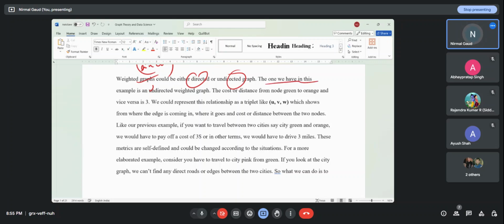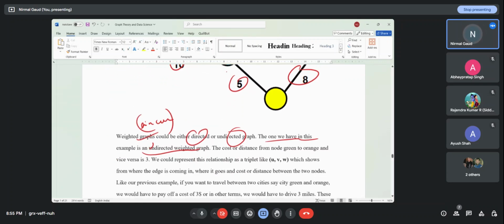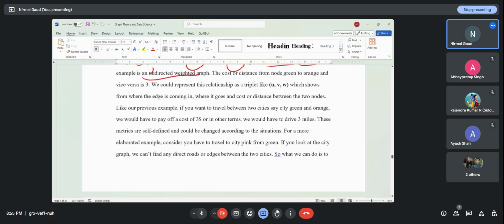The one in the example that we are seeing is undirected. There is no direction here. It defines the cost or the distance from one node to another. We can represent this relationship in the form of a triplet U, V, W. This is a node, this is also a node, and this is the weight between them.